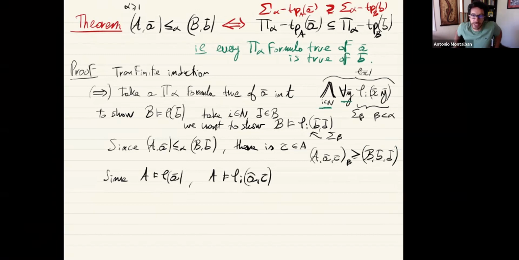The sigma alpha formulas are the negations of the pi alpha formulas. So from here and here, you get that B models phi I of B.